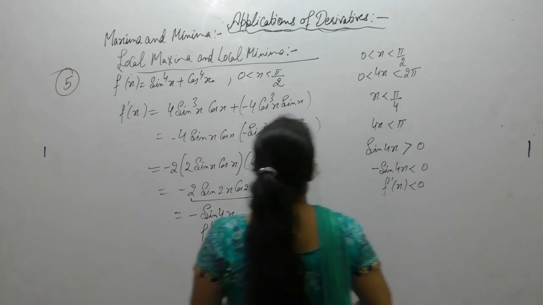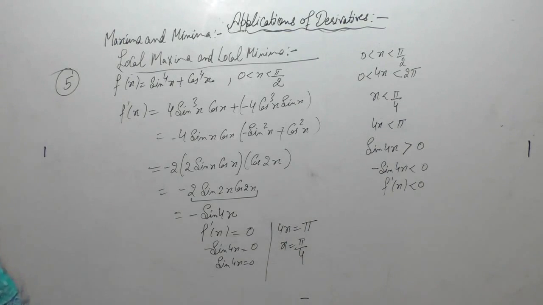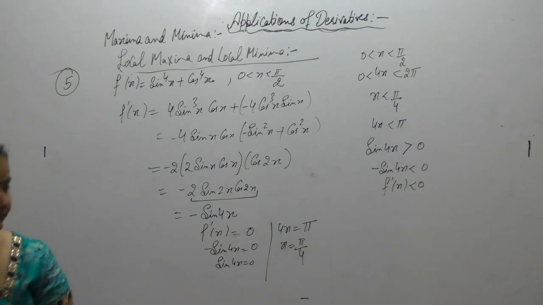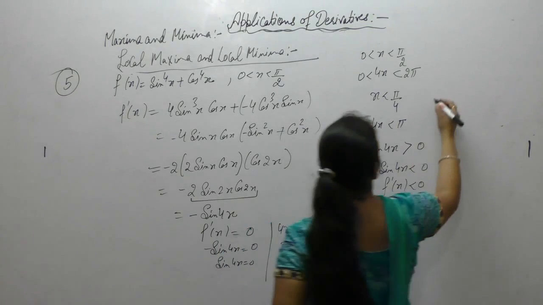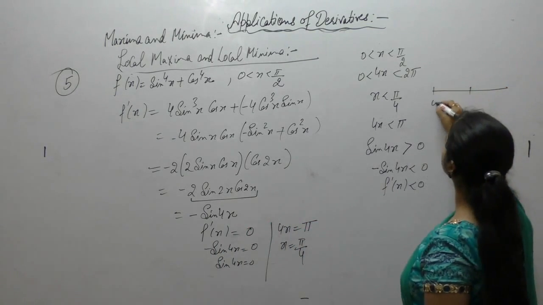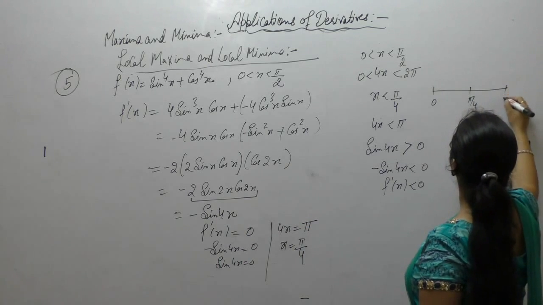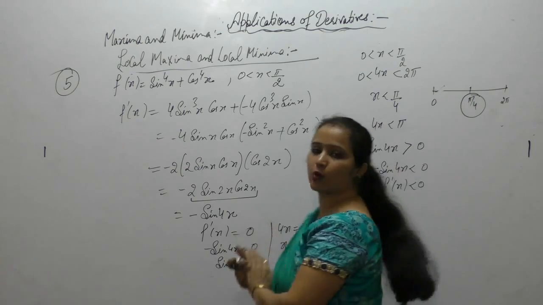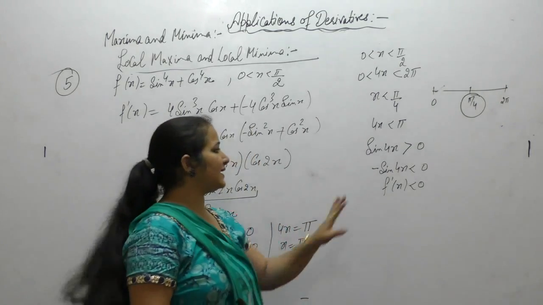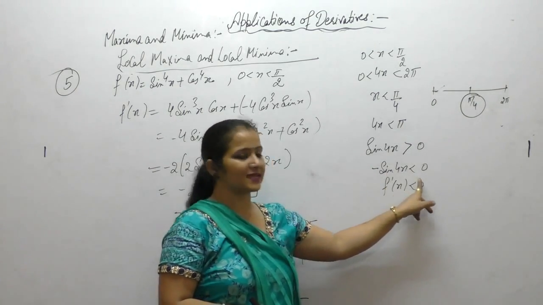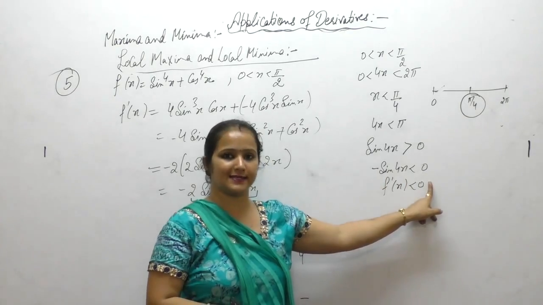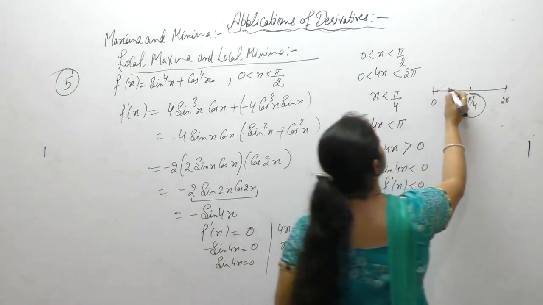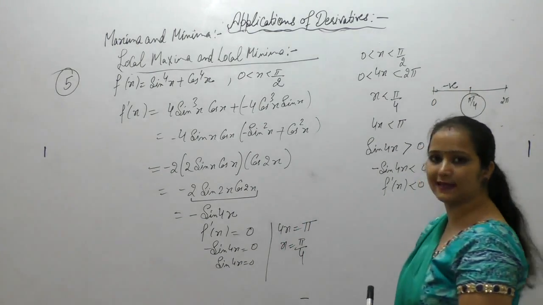It means f dash x is less than 0. F dash x is negative. Therefore, f dash x is less than 0, that is negative.